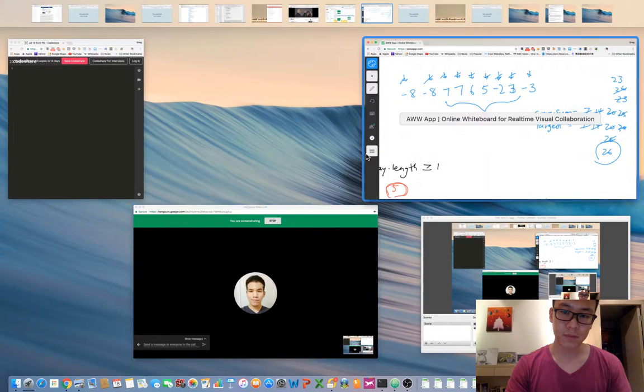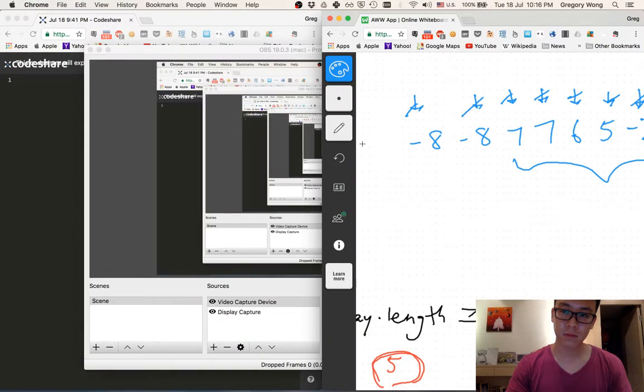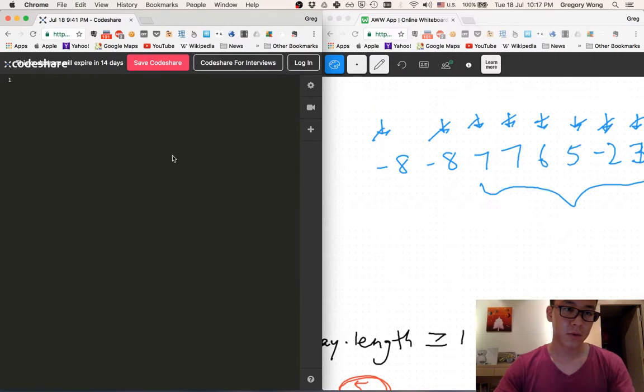So I'm given an array of numbers, and I want to return an integer, the value of the largest contiguous sequence.